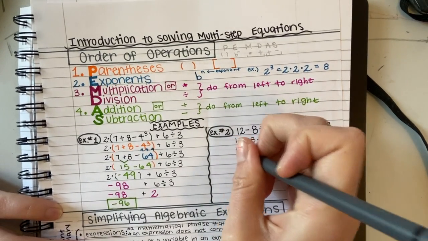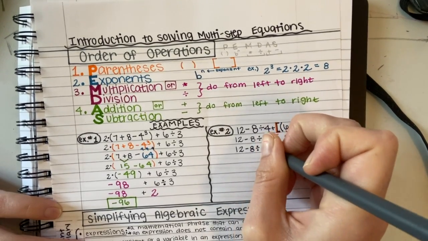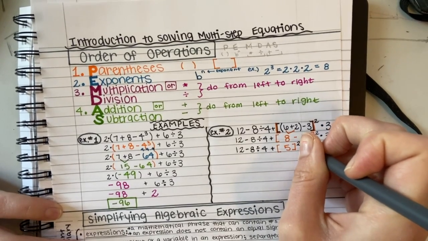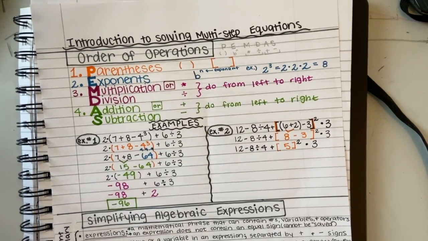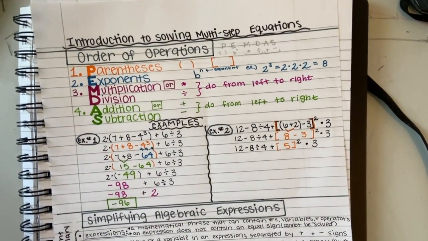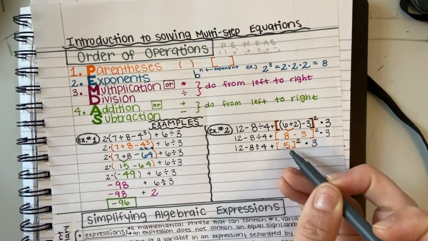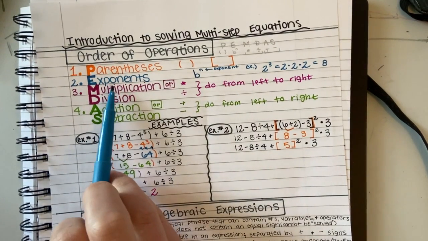I'm going to bring down my other operations. Don't forget your little squared. Now I can move on from our parentheses or our brackets because nothing else can be done inside of the brackets. The next thing that can be done is my exponent.